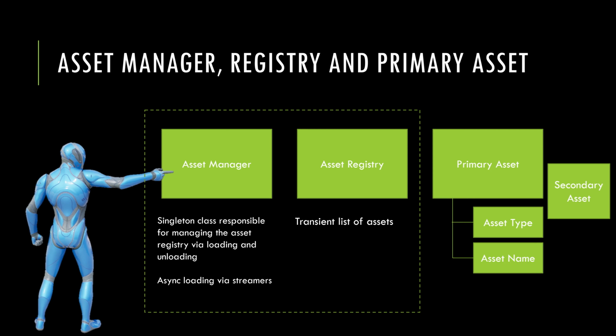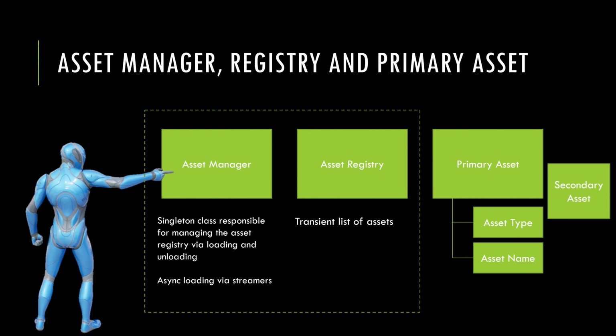So if you have a level, in that level you have a bunch of actors. Those actors will all be secondary assets to the primary asset of the level. You may have a bunch of meshes in that world, your rocks, your trees, your buildings, those are all secondary assets. So when you load a primary asset, know that all the secondary assets are being loaded as well.